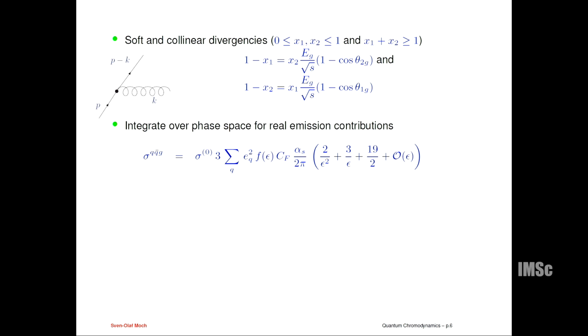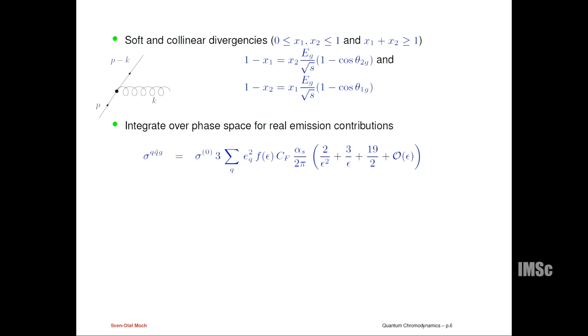Since we have energy momentum conservation, we can write down this 1 minus x1 also as the energy of the antiquark, the x2 variable, times the gluon energy divided by the center of mass energy, and then we take 1 minus the cosine of the opening angle of the emission of the gluon and the antiquark.